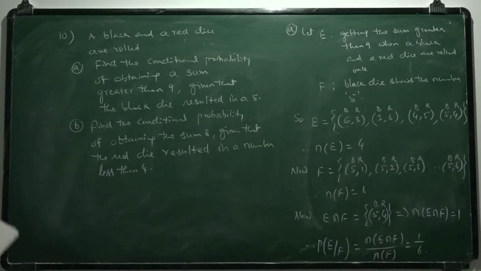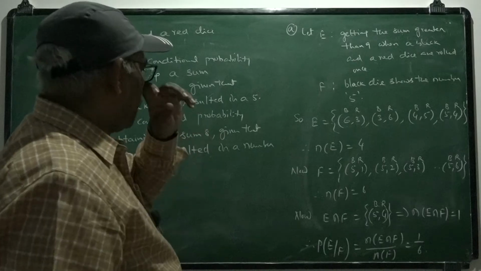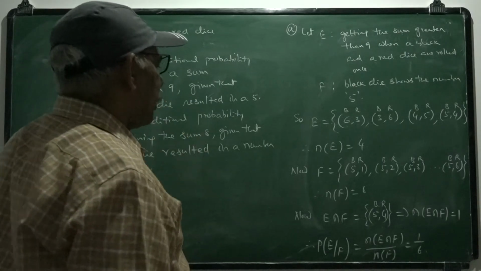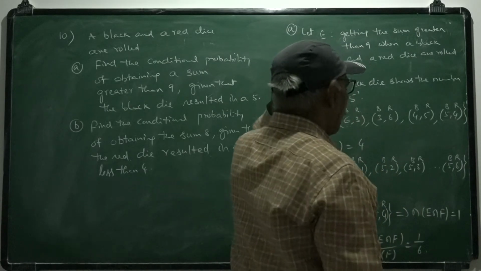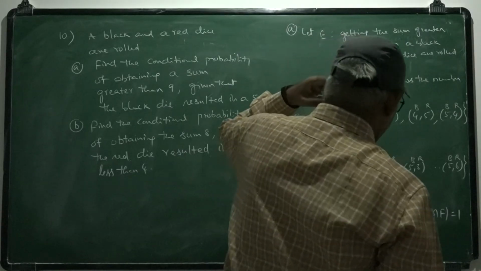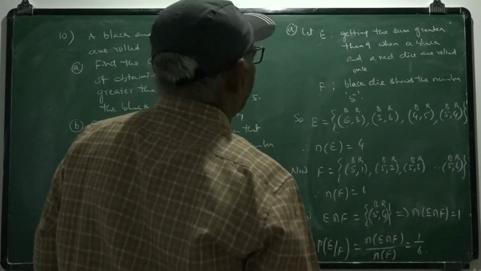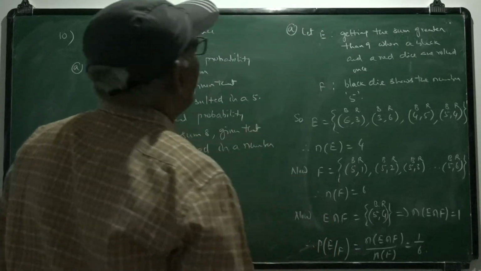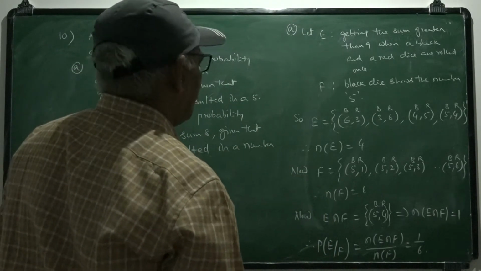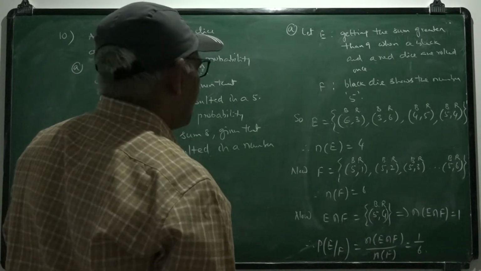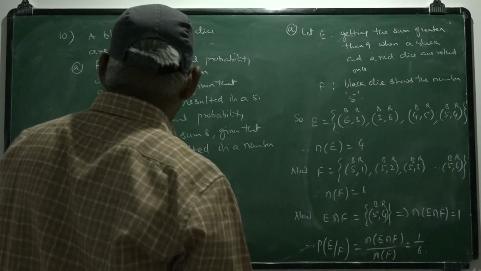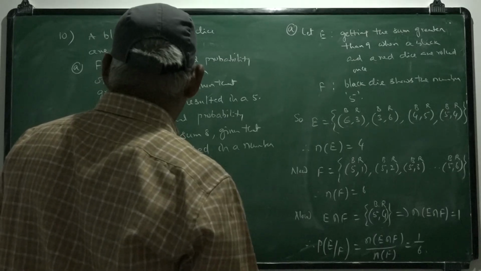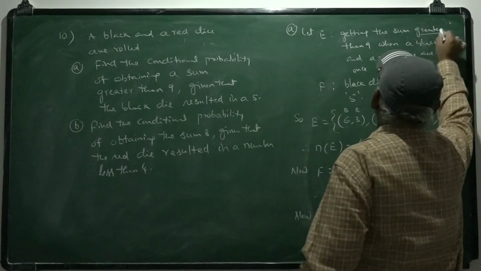The required probability is of course the intersection: black die resulted 5 only, black die resulted 5 means 5 4. n of F is either 5 1, 5 2, 5 3, given the sum greater than 9.